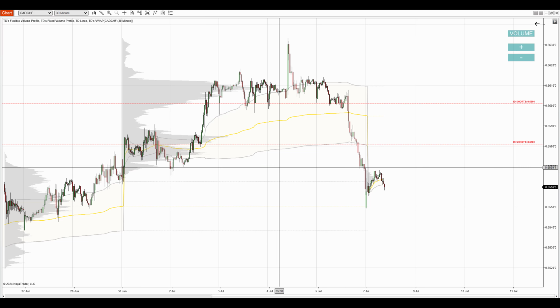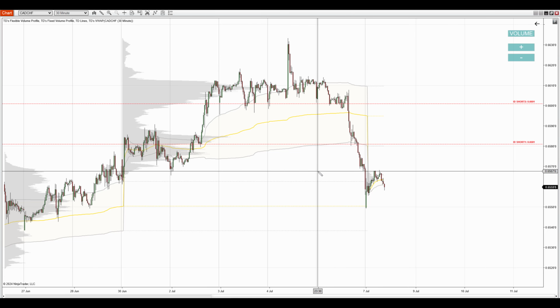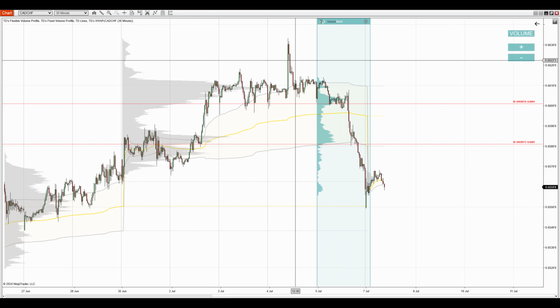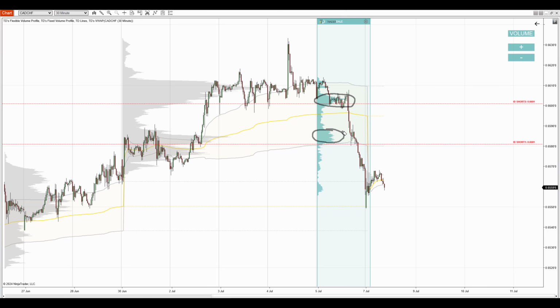So when you see something like this, you use the volume profile over the recent area where the trend changed, and it will show you important places like this one and this one. Those are places where sellers were adding to their short positions as they were pushing the price downwards, and those places are very important for the sellers, so they are likely to defend them.